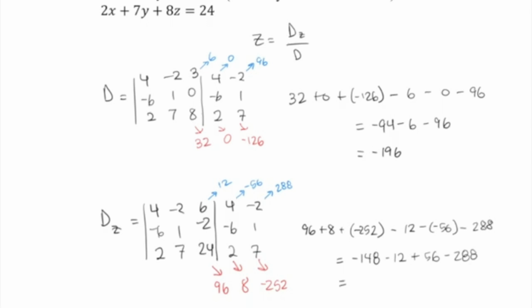Combining all of those makes negative 392. And then we have the determinant d sub z was negative 392. Determinant d was negative 196. So dividing those two, we get z is equal to 2.